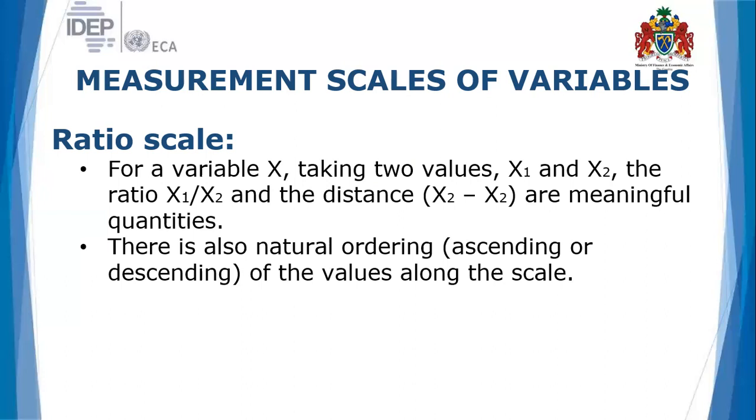So the first scale is the ratio scale. What does it mean? For a variable x, taking two values, x1 and x2, the ratio of x1 to x2, and the distance, that is x2 minus x1, are meaningful quantities.